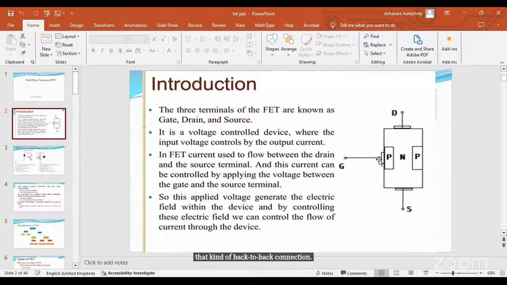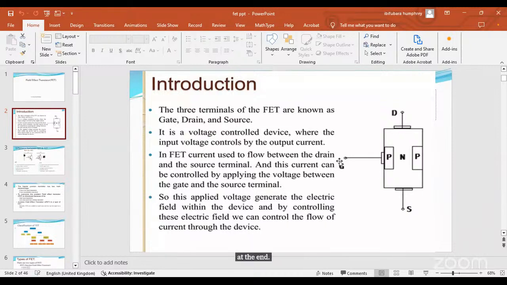However, for N channel, we have two P's by the side, connected internally. Though by this structural diagram you see the P on top, within the system the two P's are the same because they are connected by a wire to become one. But outwardly, they are positioned at the ends.